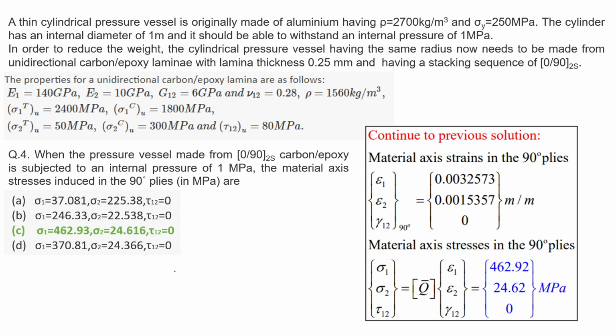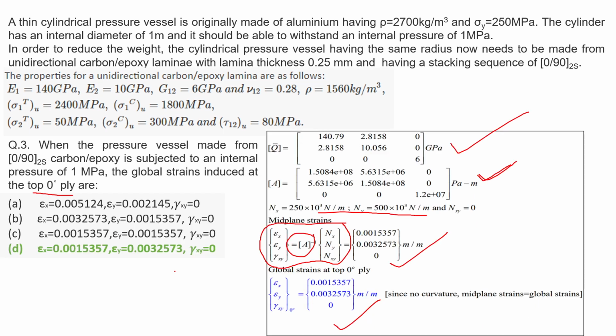The next question is: when the pressure vessel made from 0/90/2s carbon epoxy is subjected to an internal pressure of 1 megapascal, the material axis stresses induced in the 90-degree plies in megapascal are. So in the last question, for the top 0-degree ply, they asked for the global strains.